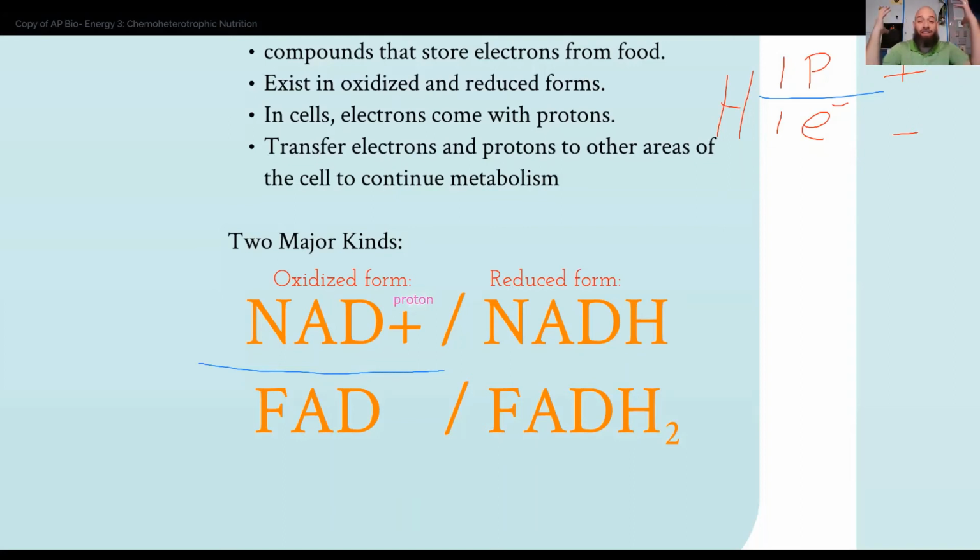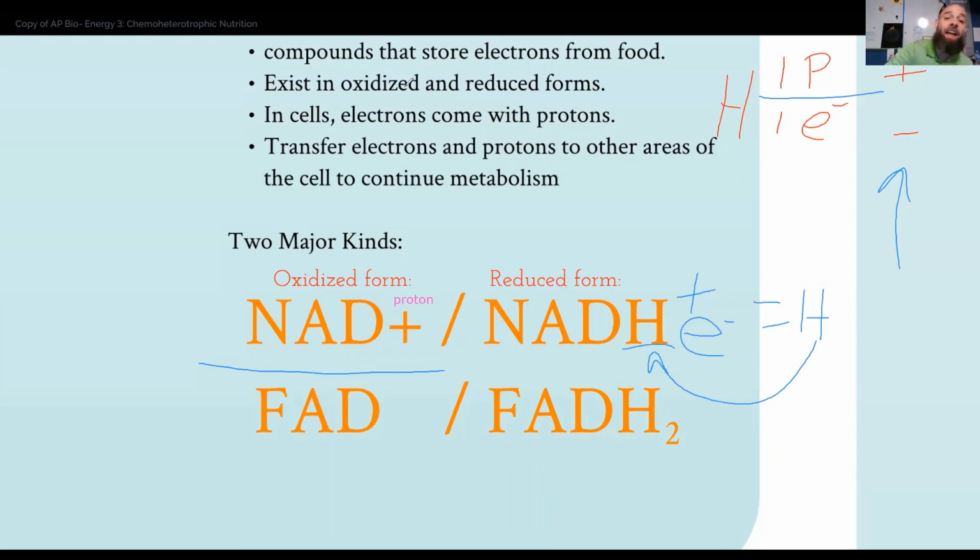Now, if I were to take an electron charged up from the energy of food bond molecules, and I add an electron to that proton that is hanging off of the NAD, it turns into this situation right here. If I have a proton and I give it an electron, that proton and electron together equal hydrogen. And that is why that is now represented with an H.